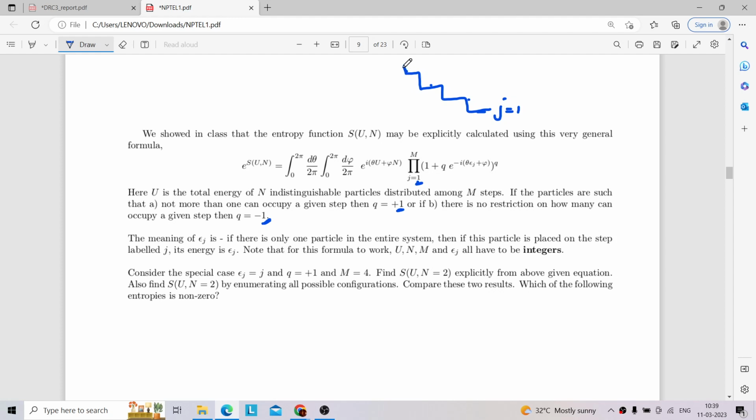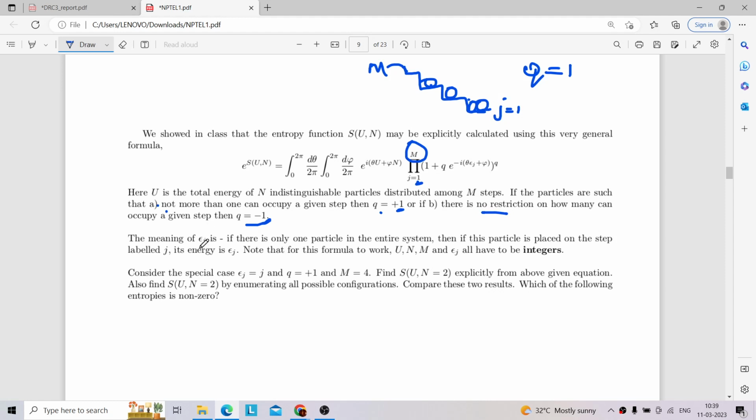So in total we have m number of stairs. The question says, if q value is 1, no more than one particle can occupy each stair. So for q equal to 1, we can put only one particle in each stair, and for q equal to -1, there is no restriction, we can put any number of particles.